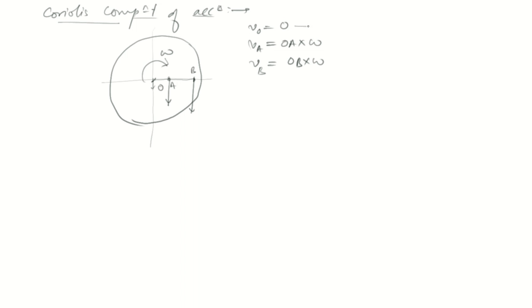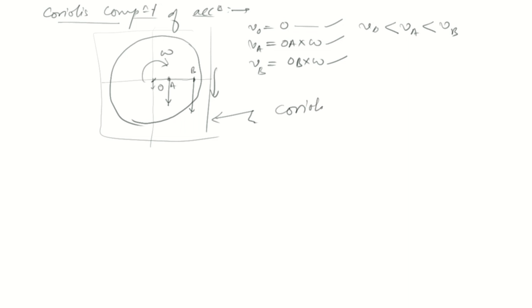It is clearly observed that the velocity goes on increasing as we move from point O to point A to point B. Although we have not applied any acceleration along this direction, the acceleration is induced by the nature of the system itself. Hence, this kind of acceleration is called Coriolis acceleration.